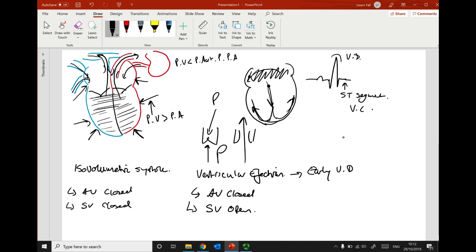So if we just zoom in on the top part of the heart, the aorta is here, like that. Pulmonary artery there, splitting off. And we had previously the aortic and the pulmonary valve open and blood going out this way. But now the ventricles are relaxed, which means the pressure inside the ventricles down here is starting to drop.